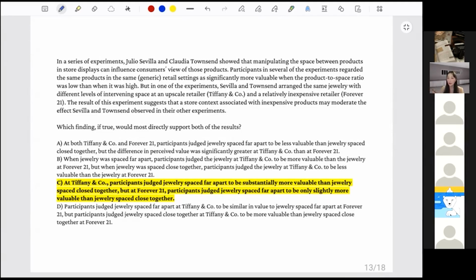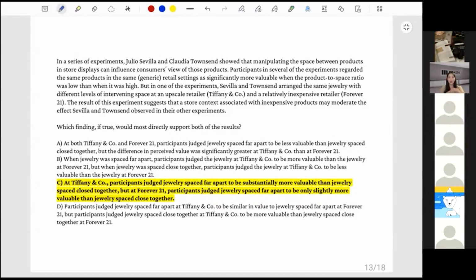So at Tiffany & Co., the extra space made a substantial difference in perceived value. But at Forever 21, that same extra space only made a slight difference in the perceived value. Because the store has a reputation for being cheap, not too expensive, it dampened the luxury cue normally provided by the wide spacing, and hence C becomes correct.